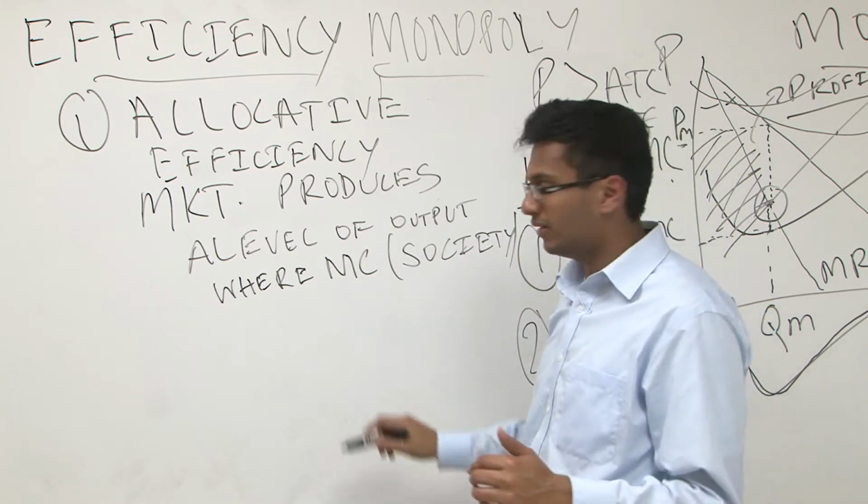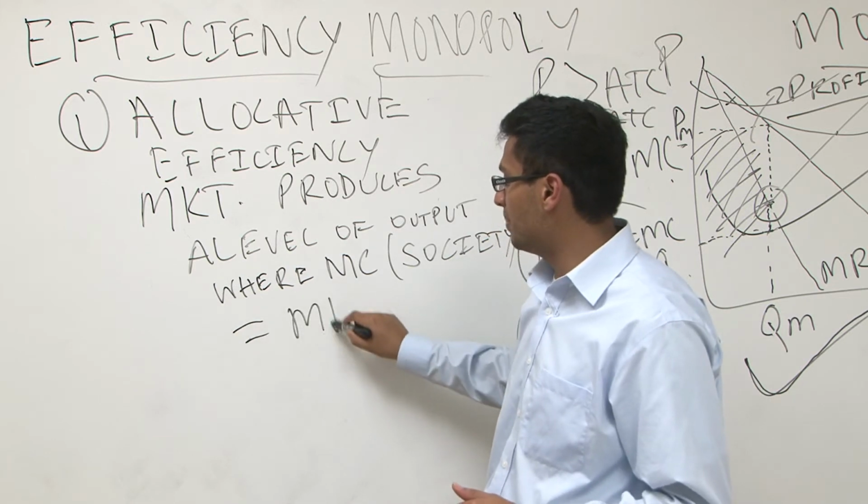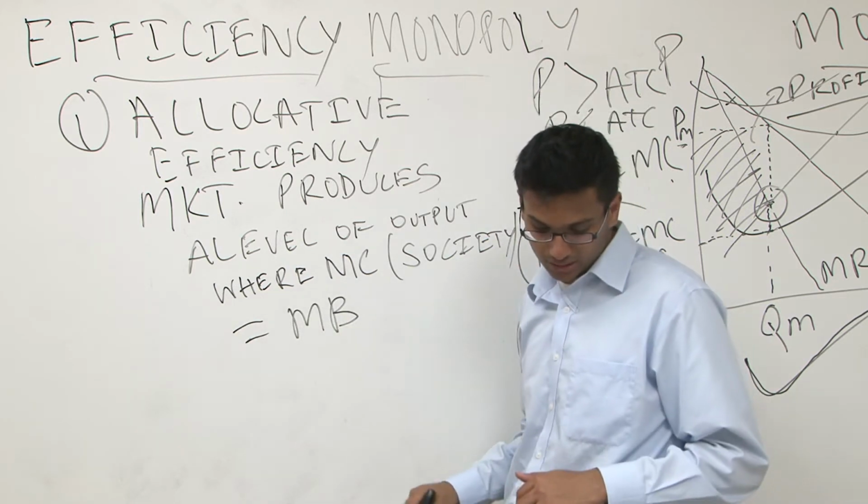Where MC of society is equal to the marginal benefit of society. Okay?